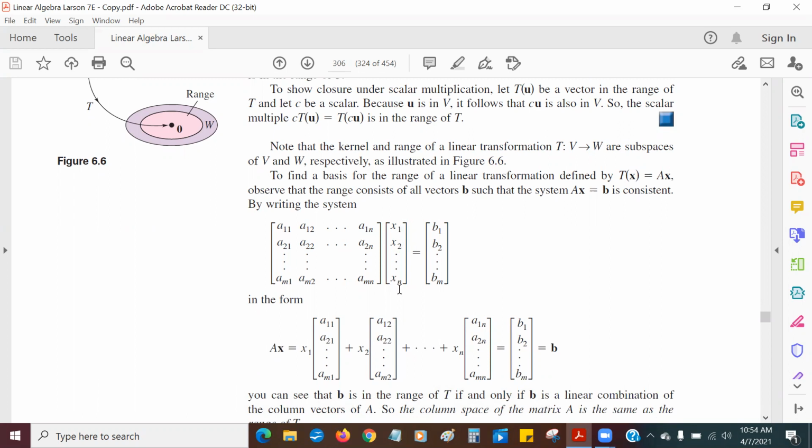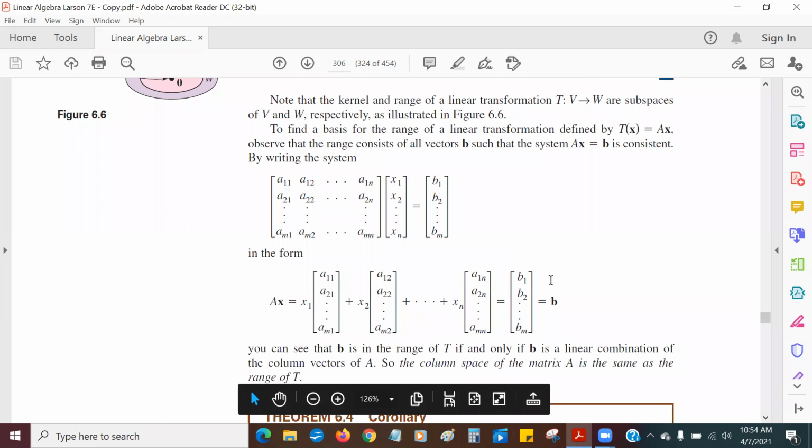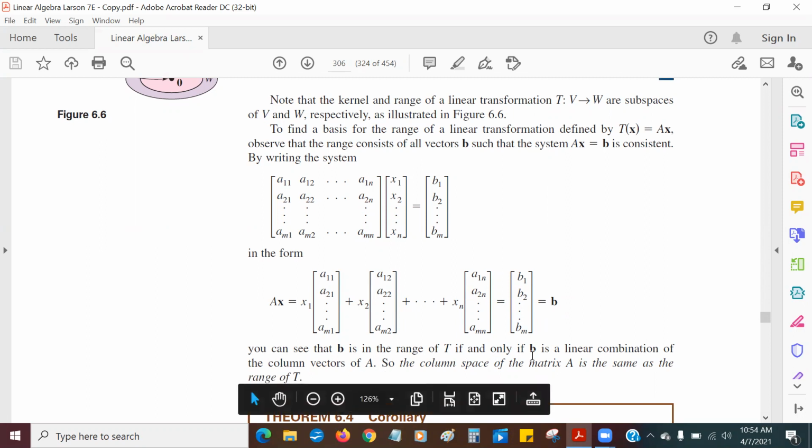Just realize that. But when I do a matrix multiplication, we learned that I could rewrite it this way: X1 times the first column, X2 times the second column, X3 times the third column, Xn times the nth column, just like that. And all that combined is going to be equal to this B column. So again, AX equals B. Now, by definition, B is in the range of T if and only if B is a linear combination of the column vectors.